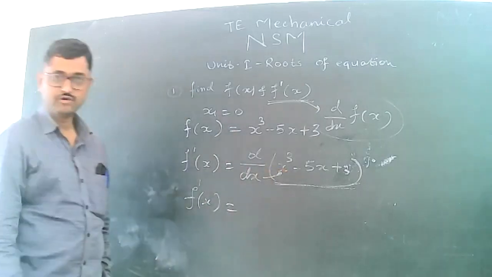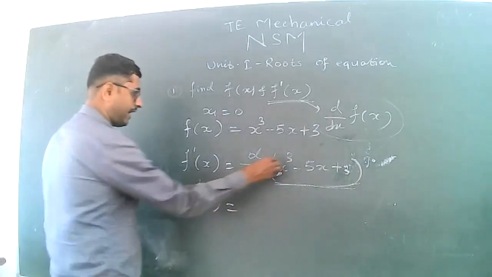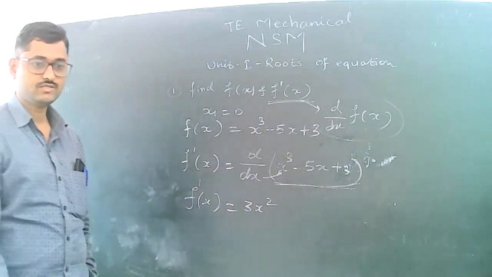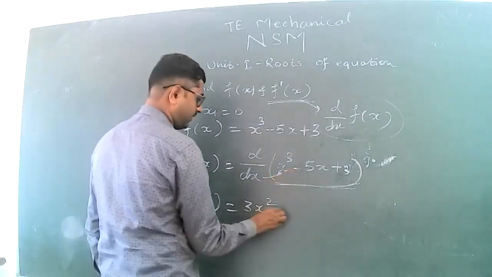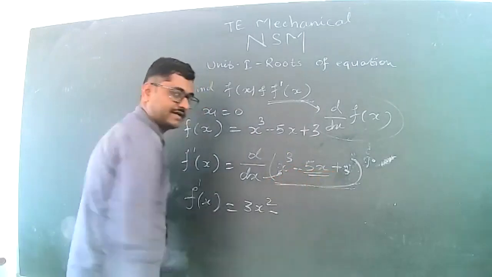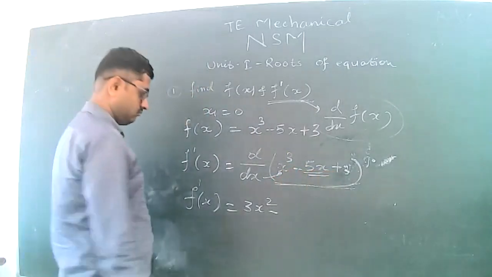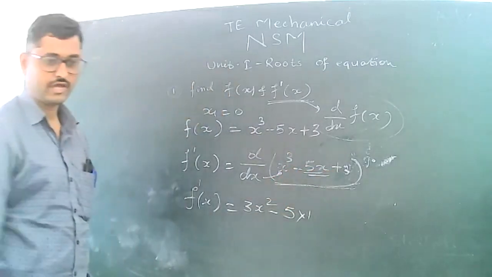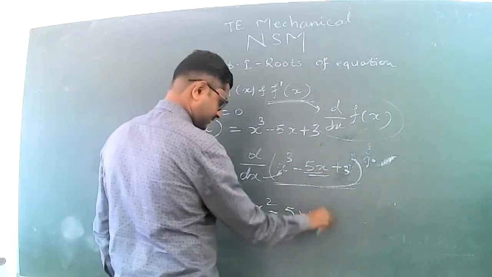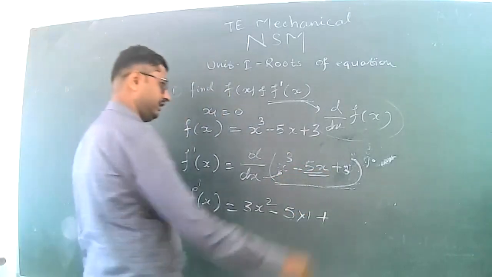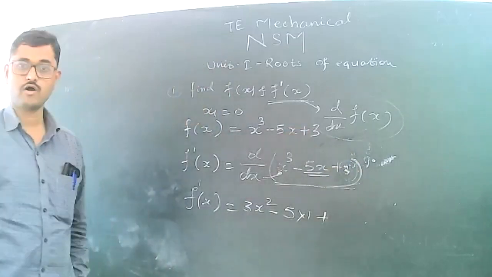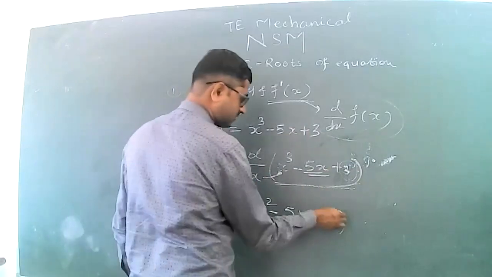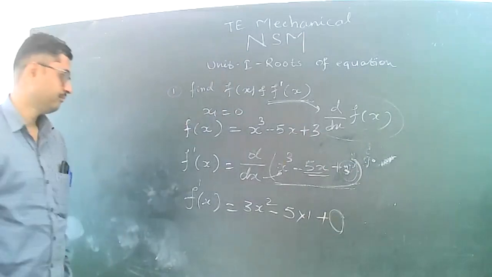The derivative of x cube is 3x square, minus the derivative of 5x, which is 5 into 1, since the derivative of x with respect to x is 1, plus the derivative of 3. The derivative of a constant with respect to a variable is 0.